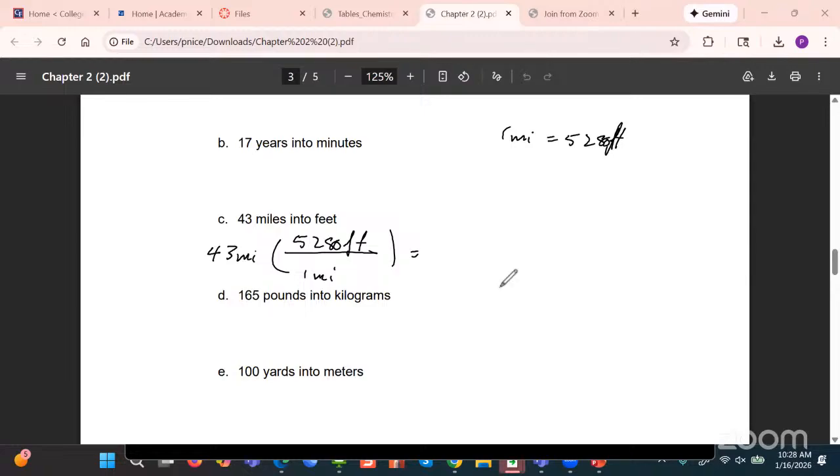And how many sig figs do we need to round this off to? 2, right? So I got a long string of numbers. I'm not going to write it down. I'm just going to write down the final answer, which is going to be 2.3 times 10 to the 5 feet. All right? And that's how you do that.